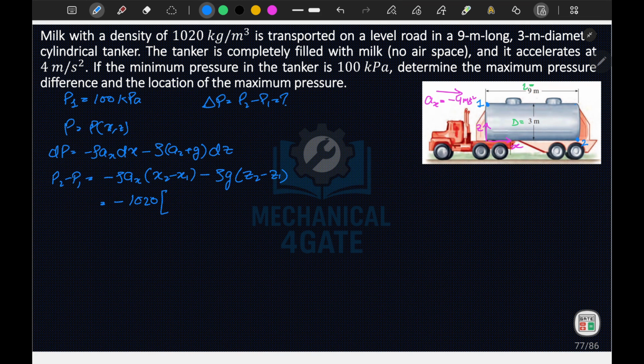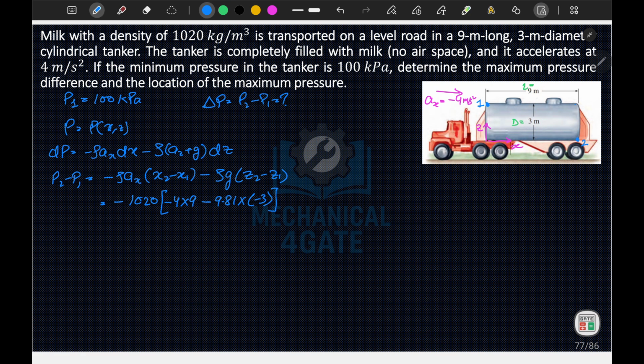Ax is minus 4, x2 minus x1 is 9 meter, minus g, that is 9.81, into z2 minus z1. Now z2 minus z1 will be minus 3. Okay, z1 minus z2 will be 3, z2 minus z1 will be minus 3.